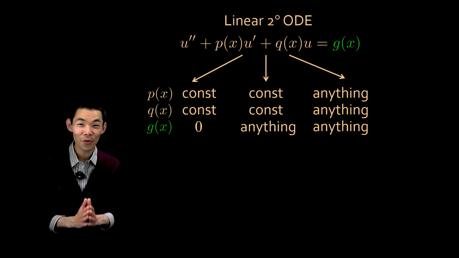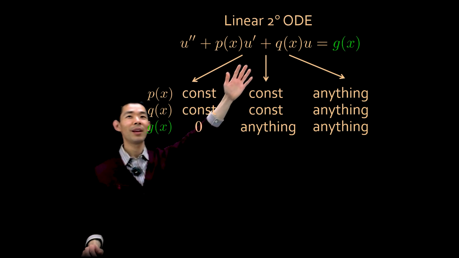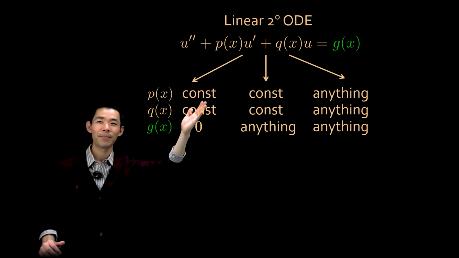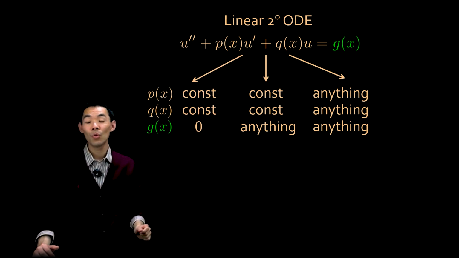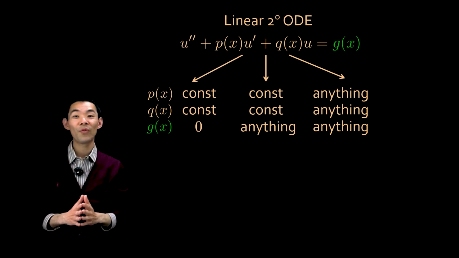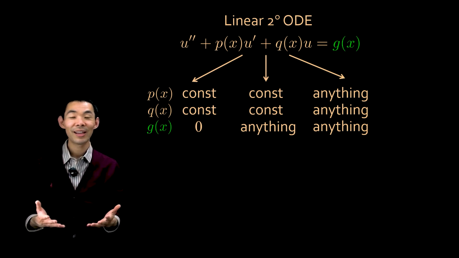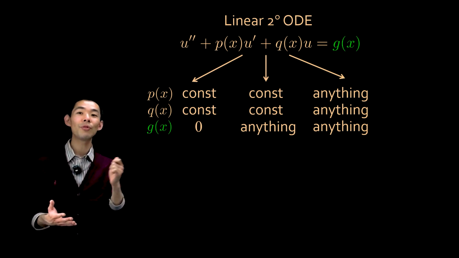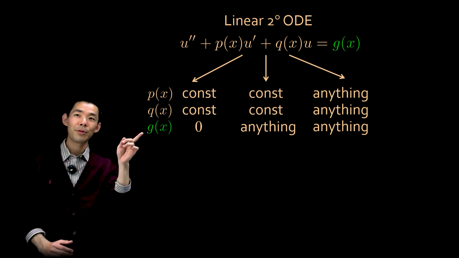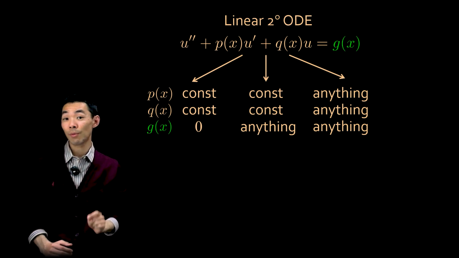Now, so far, we have just considered this left-hand branch, when p and q are constant coefficients, so just numbers in front of the u prime and u, and when g was equal to 0.